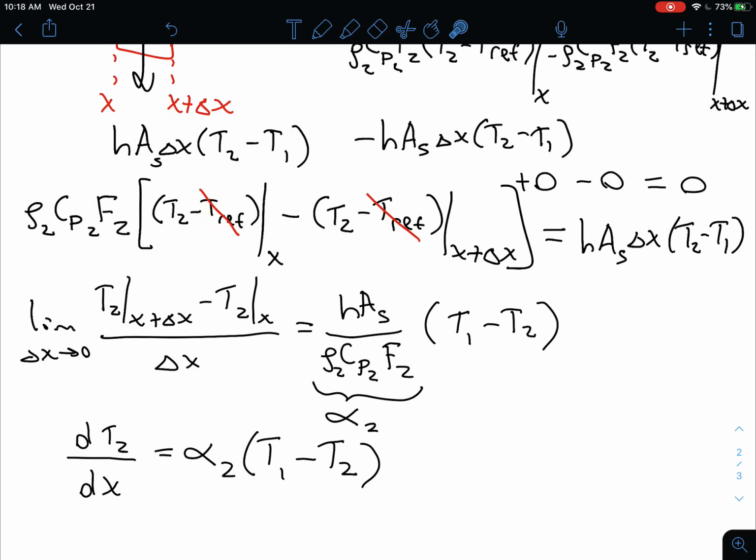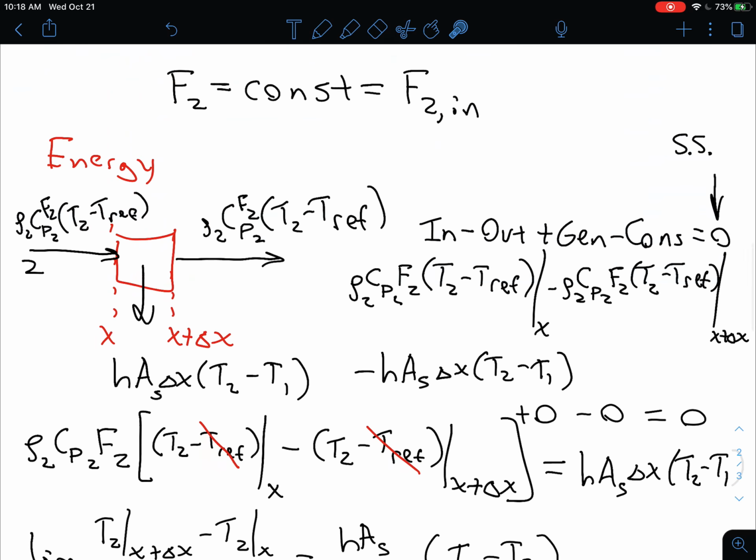So let's make the opposite assumption. Let's actually assume that T1 is higher than T2, that stream 1 is the hot stream. Well, all that's going to do is result in this being positive rather than negative. And remember here, I assumed this was an output. But if T1 is bigger than T2, then it's a negative output, right?